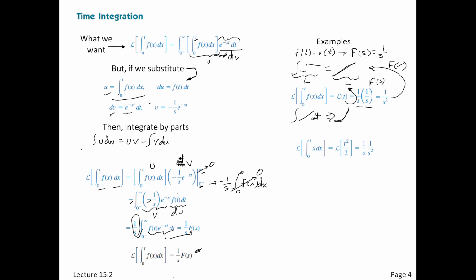Okay, so this is looking like the Laplace of, here's our ramp from 0 to t, and that was the Laplace then of t squared over 2, right? This function, this is the result of that integral.